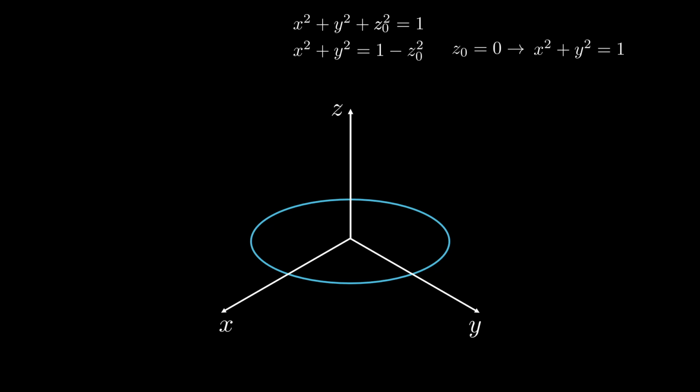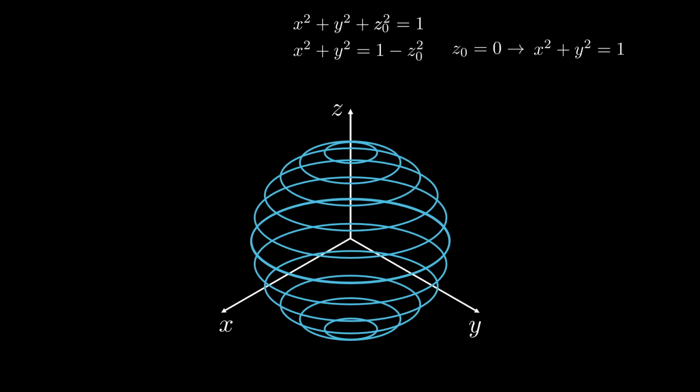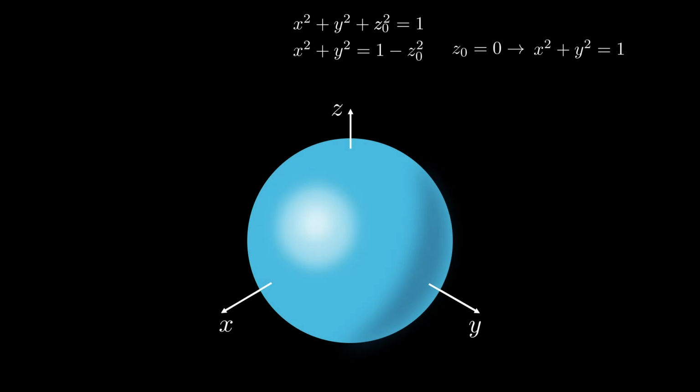And we can do the same for other values of z0. By doing that, we get many different circles at different altitudes or heights, because those are different values of z. And if I join all these curves smoothly, what do I get? I get my sphere, as we saw previously.